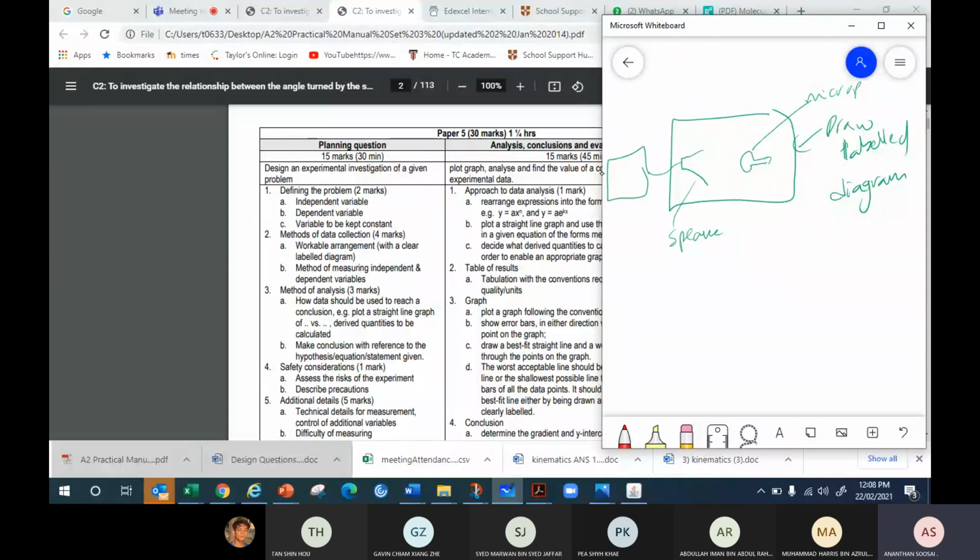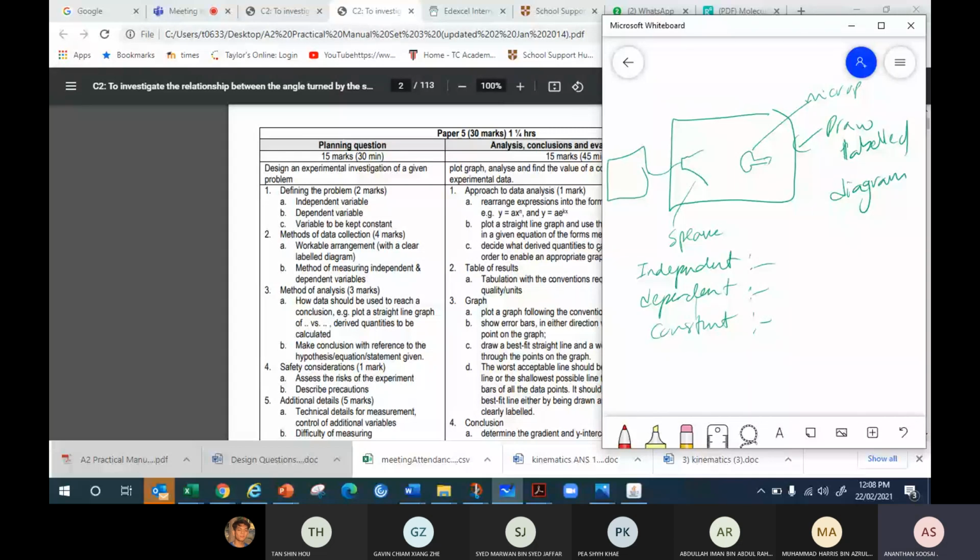After the labelled diagram, you need to define the problem. Define means you must tell what the independent variable, dependent variable, and variable to keep constant are in this experiment. You must write these first.